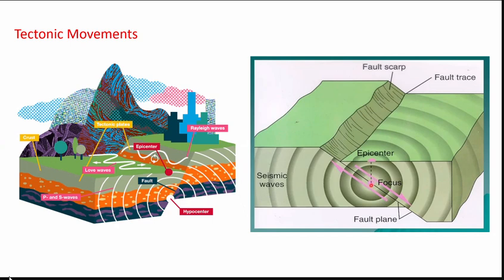The point directly up, vertically up at the surface, is called the epicenter. You can see seismic waves generated around that epicenter, just as you are seeing here. You can see the hypocenter, and directly opposite is the epicenter.